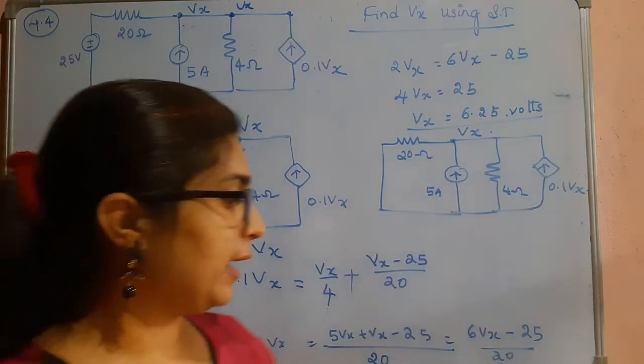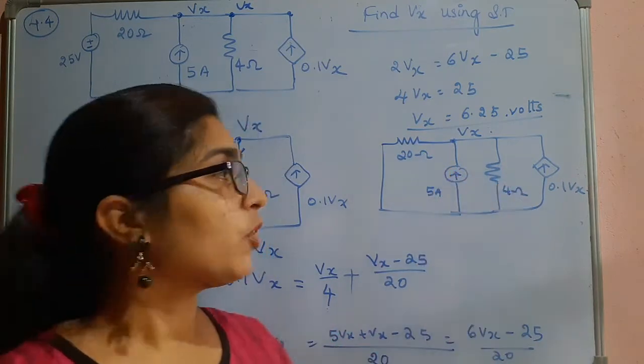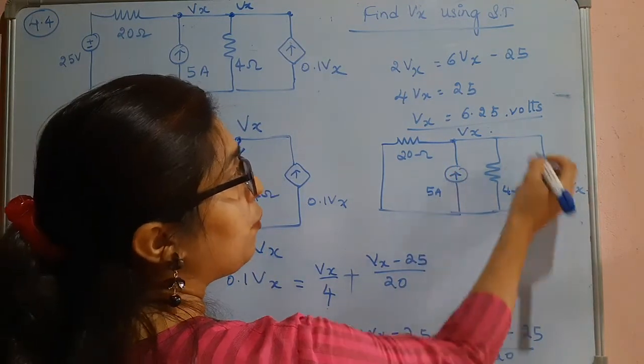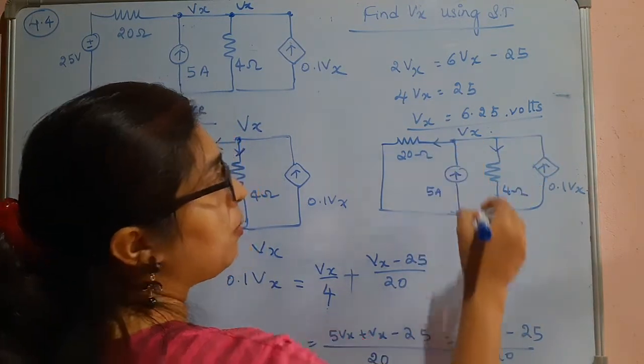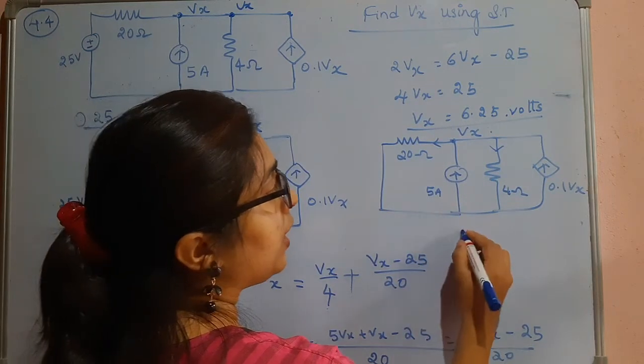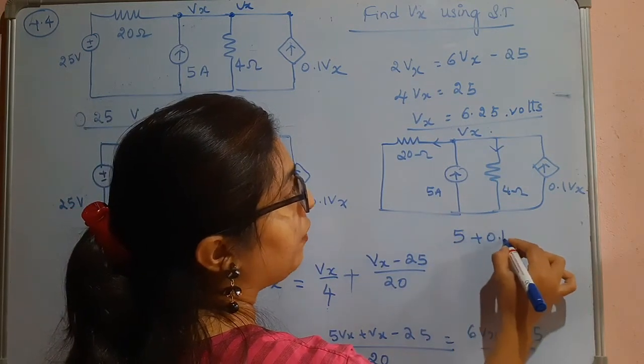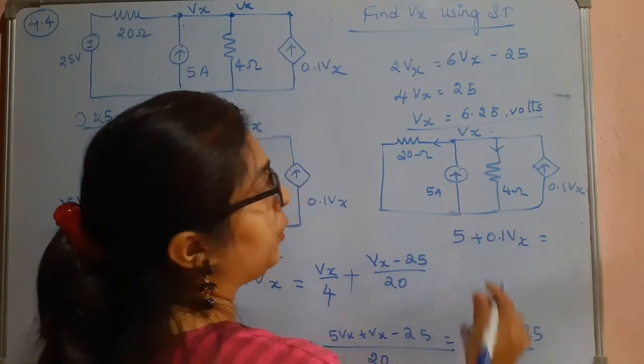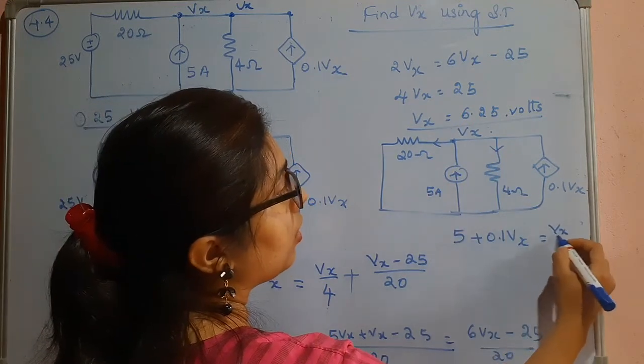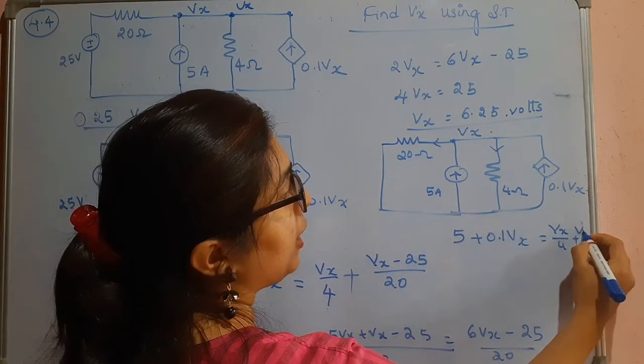Again, we will apply nodal analysis at Vx. The sum of incoming currents will be equal to the sum of outgoing currents. So 5 plus 0.1 Vx is equal to Vx by 4 plus Vx by 20.